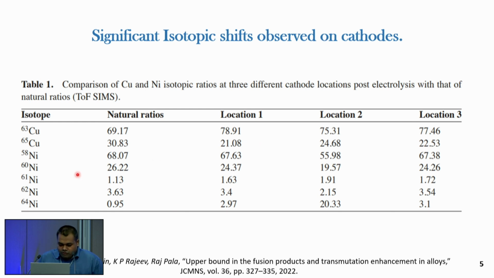Similarly, we looked at nickel, which has a lot of isotopes. For example, nickel 62 should be 3.63, but it reduced a bit. We checked it at 3 different locations. But nickel 64, as you can see here at the end, increased at the 3 locations.